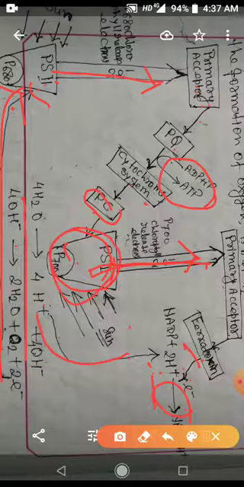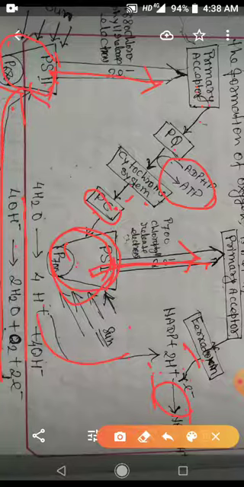Photosystem 1 is getting the electrons from photosystem 2. Electrons expelled from photosystem 2 pass through the electron transport chain, and those electrons reach photosystem 1. So in photosystem 2 there is an electron hole, and that hole is filled by the electrons released during photolysis of water and formation of oxygen.